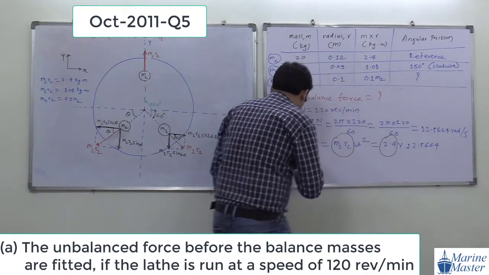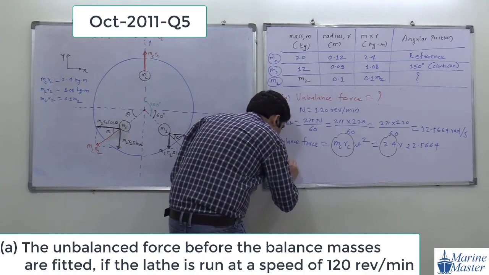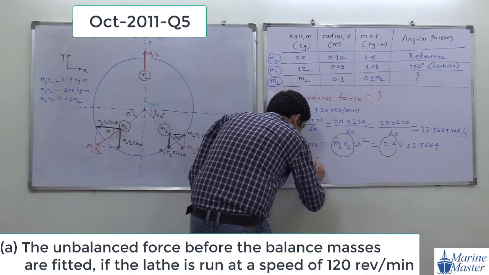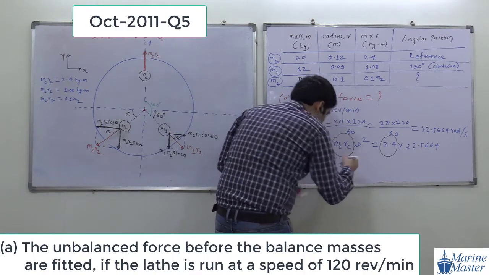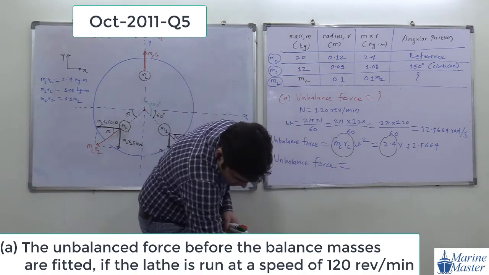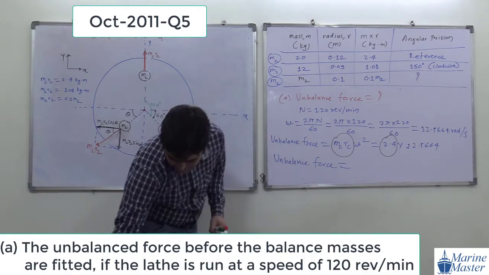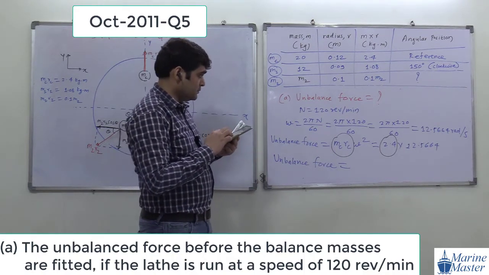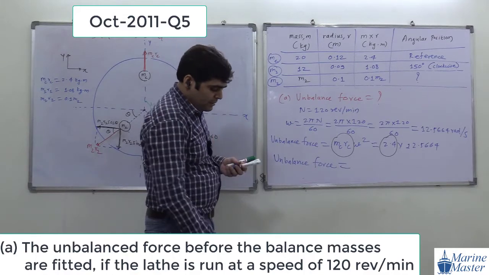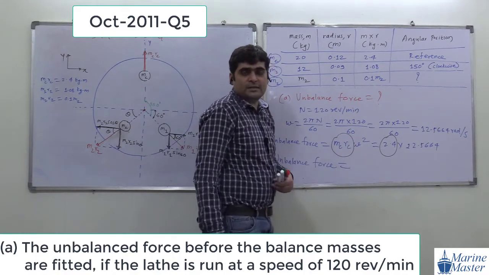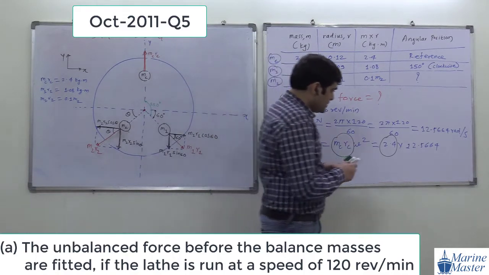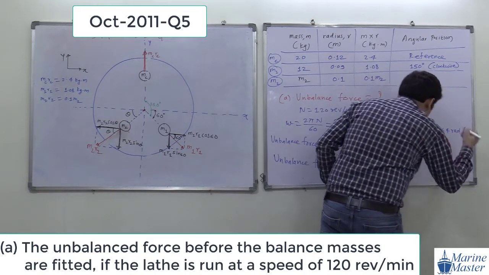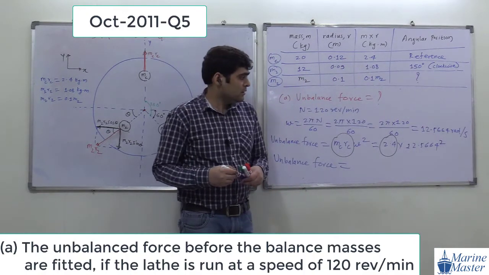So what will be our unbalanced force here? Please do the calculation. There is one mistake I have done here: omega square is missing, the square.